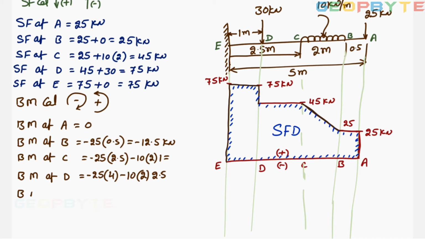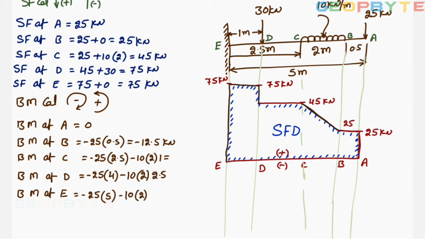Similarly, bending moment at E is equal to minus 25 into 5, that is the moment due to the point load. Moment due to UDL: first you get the point load from the UDL, UDL into UDL distance gives the point load.